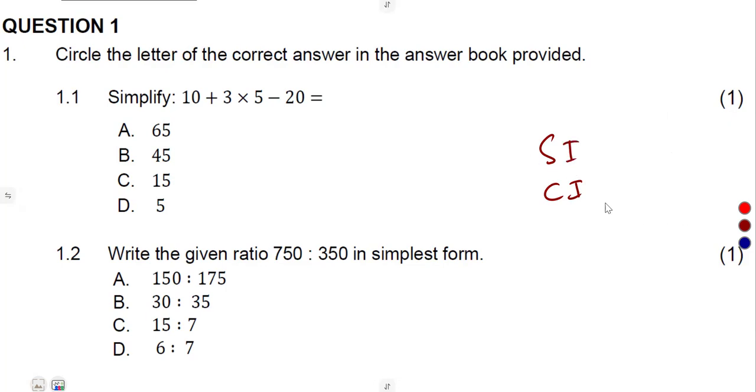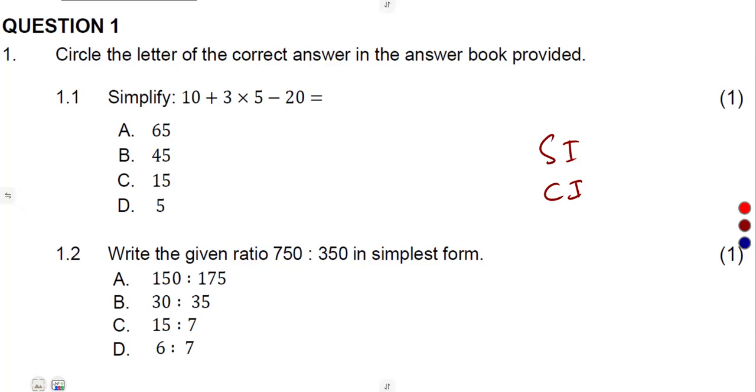So you must also cover everything for whole numbers. Make sure that you also check the ATP, the annual teaching plan. I have already done a video for that one so that you know exactly what you are supposed to do in your syllabus.